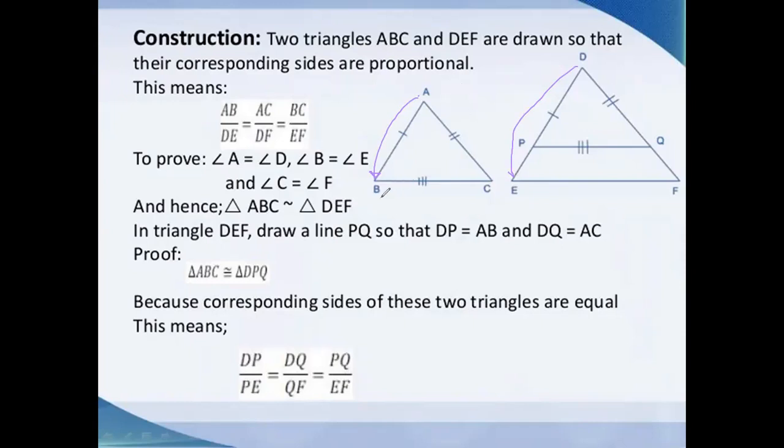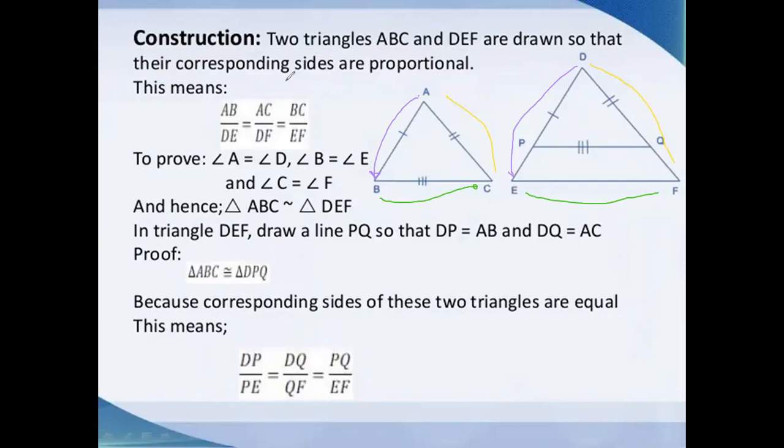Side BC is also proportional to side EF, and then side AC is also proportional to side DF. So if they are proportional to each other, then we can say that those triangles are similar.